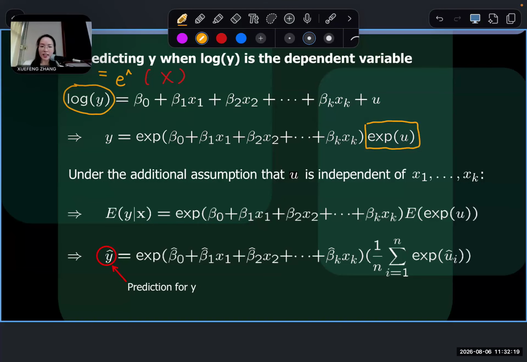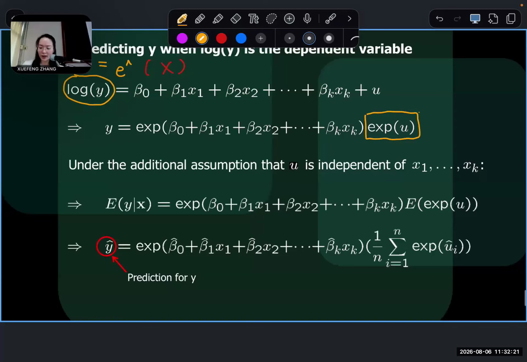If we take the expectation of exponential of mu, this does not equal 1.